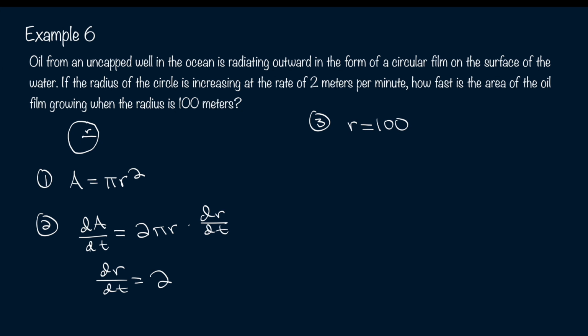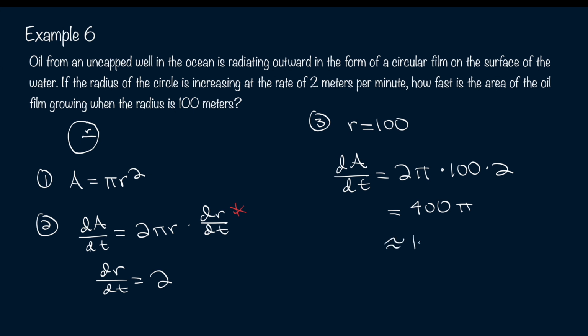So we take our previous formula and get dA/dt equals 2 pi times 100 times 2, just plugging in our variables. Simplifying, we get 400 pi, which is roughly 1,256 meters squared per minute.